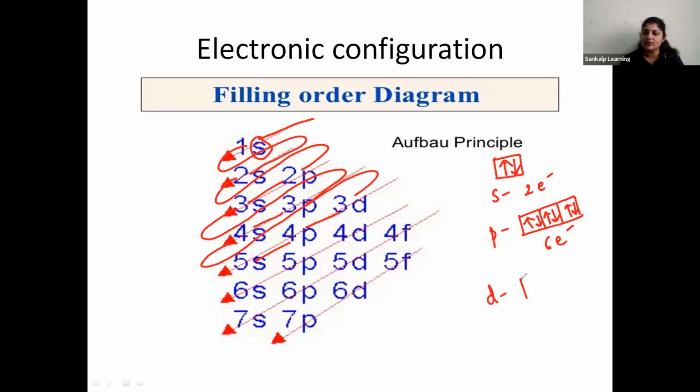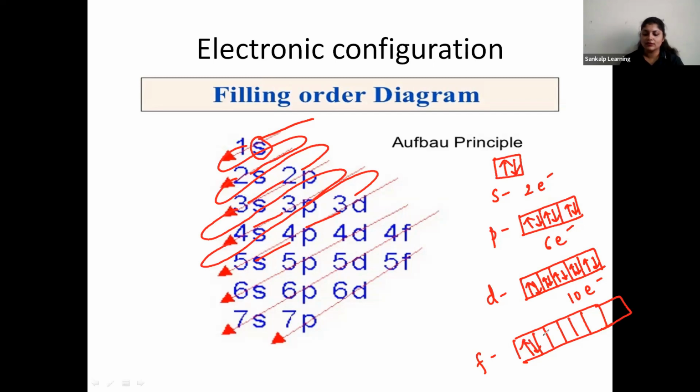Then d block elements, the maximum number of electrons is 10. And f block elements, the maximum number is 14.